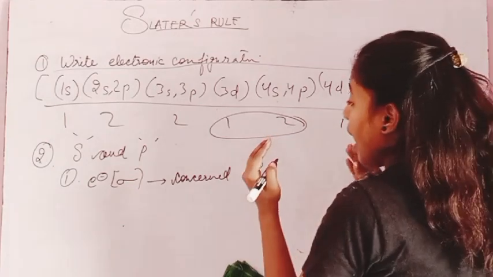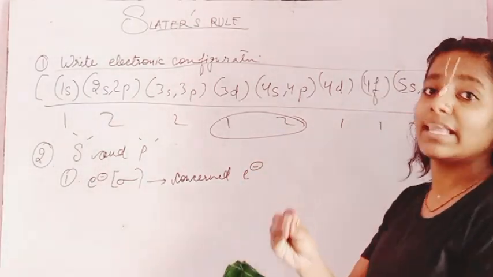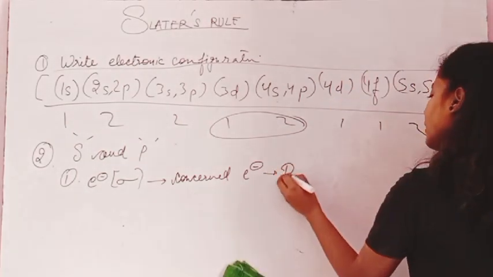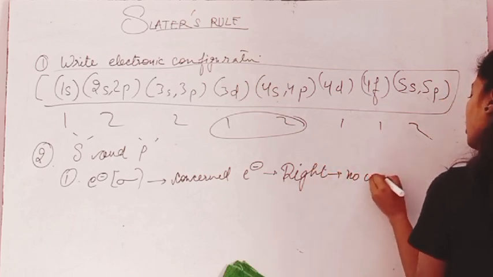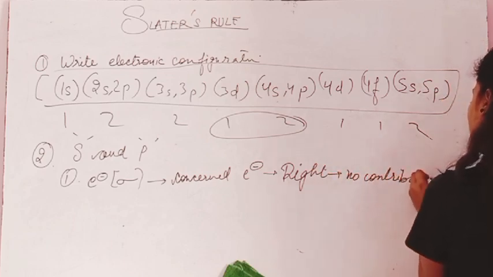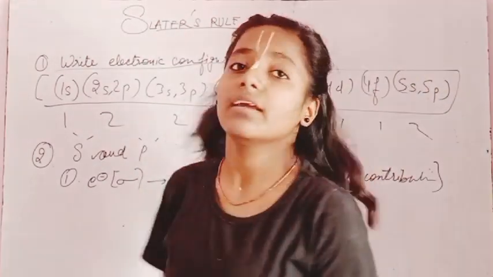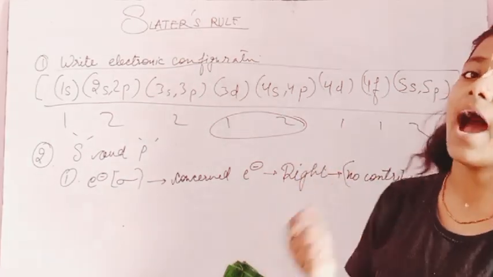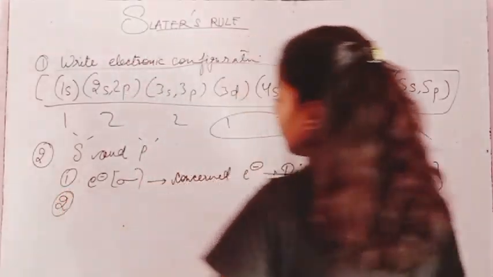When finding sigma for the concerned electron, whatever electrons or species come on the right side have no contribution to the sigma for that particular electron. What does this mean? I will explain it while discussing the example.